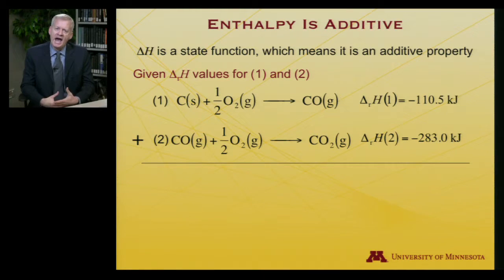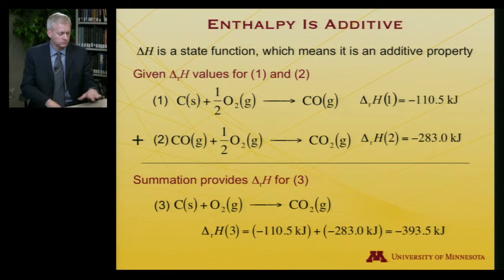What if I imagine adding these two reactions together? When I sum them, I get carbon, I'll pull that down here, I get 2 oxygens, each 1/2 mole, so I'll pull it down and make 1 mole of oxygen. Carbon monoxide appears on this side and on this side, so that cancels out. I don't have that anymore. And what's left on the right-hand side is carbon dioxide.